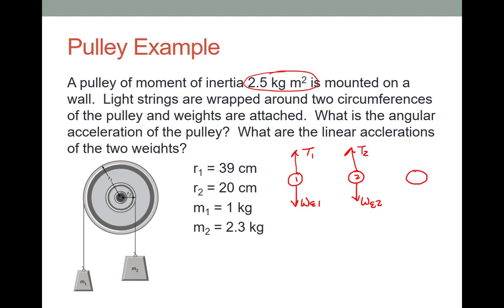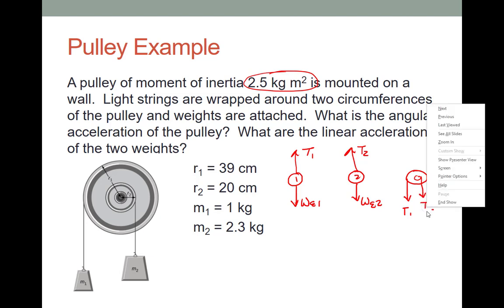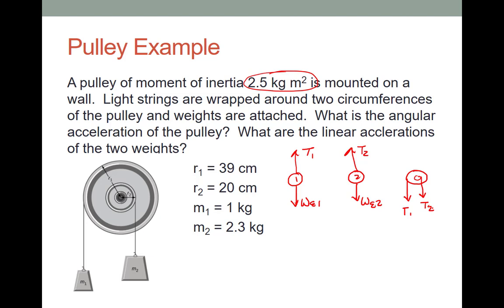The pulley has two forces on it: tension 1 downward on the right out of the large radius, and tension 2 pulling downward on the left off of the small radius.